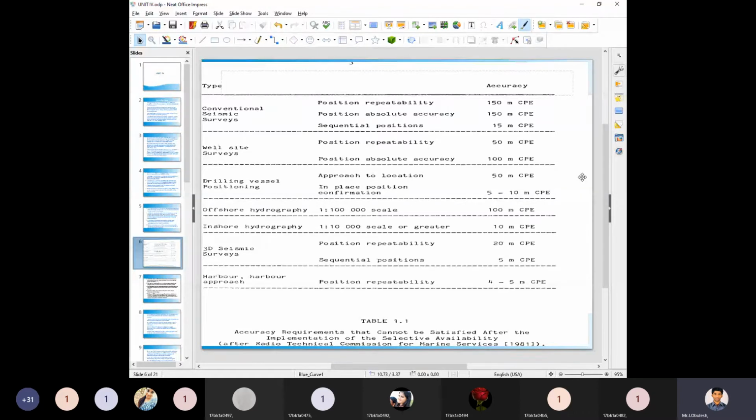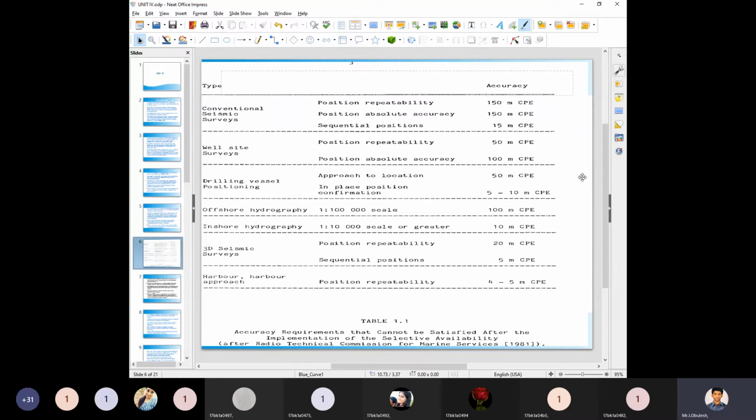For inshore hydrography, at 1:10,000 scale or greater, the accuracy is 10 meters CP. Coming to three-dimensional seismic survey.